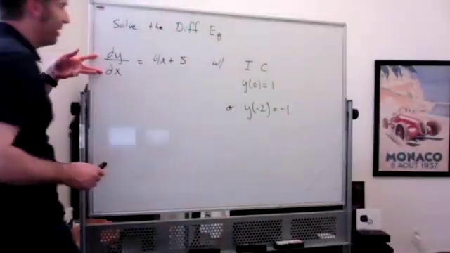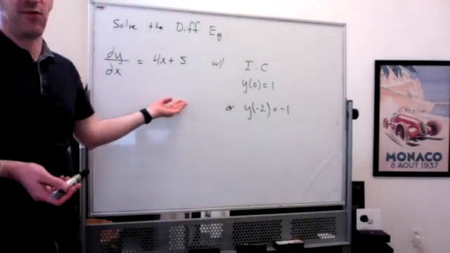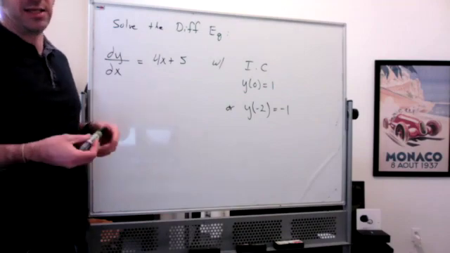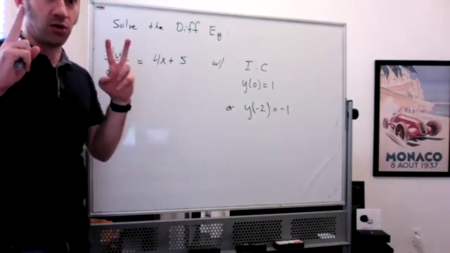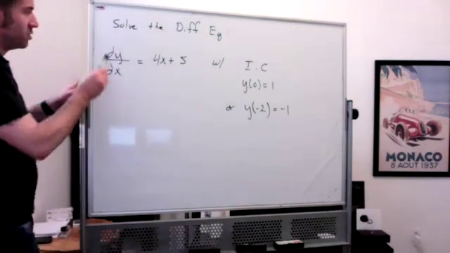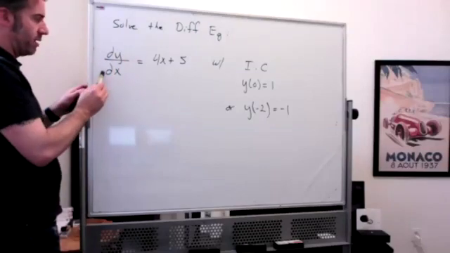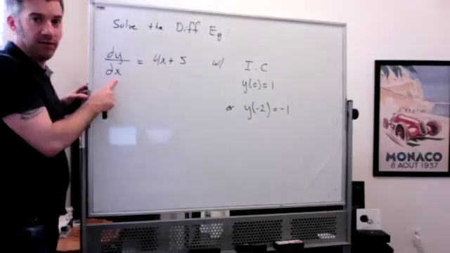So this is dy dx equal to 4x plus 5. This is just, I feel like, a very wordy way of saying anti-differentiate this, right? This is also what you would call a pure time differential equation, because the derivative of your function y as a function of x is in terms of just the independent variable x.